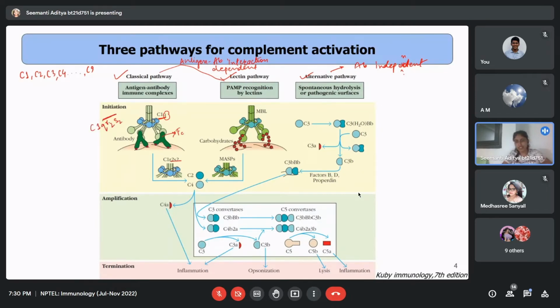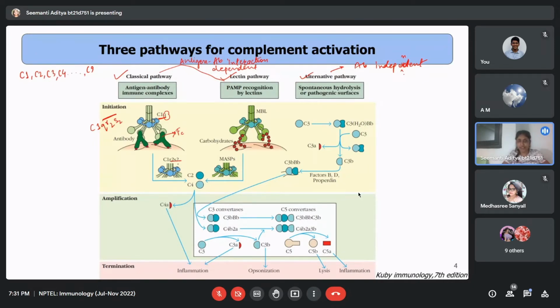The dash over here signifies that this R2S2 portion is activated or cleaved. If it is not cleaved, then we will not use the dashed form on top of R2 and S2.